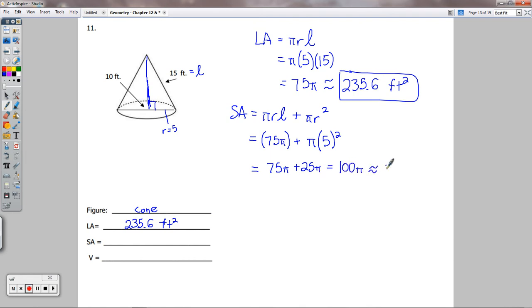That's approximately, well, 3.14 is pi, so 314.159265. We would round that off to 314.2 to the nearest tenth. So 314.2 feet squared.